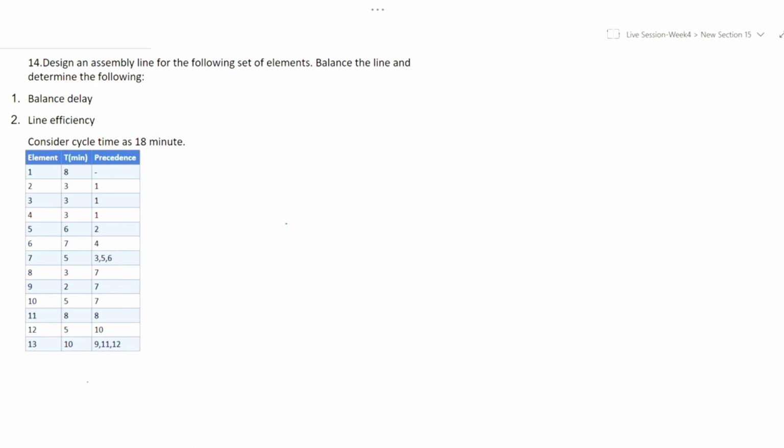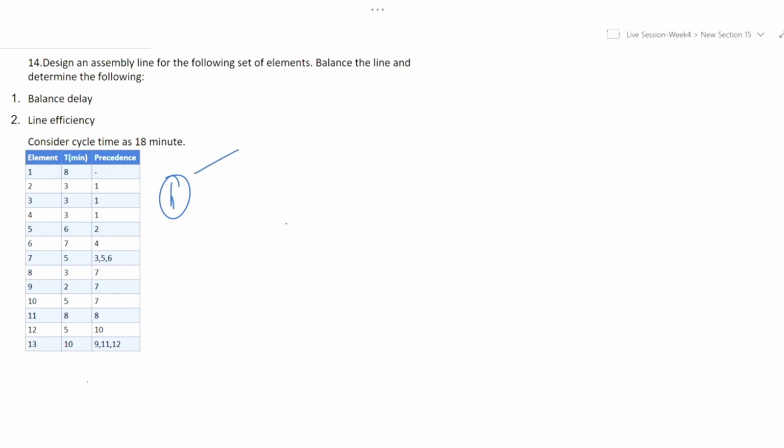This is the first element, so it has no precedence. Next, 2 is preceded by 1, 3 is preceded by 1, and 4 is preceded by 1.